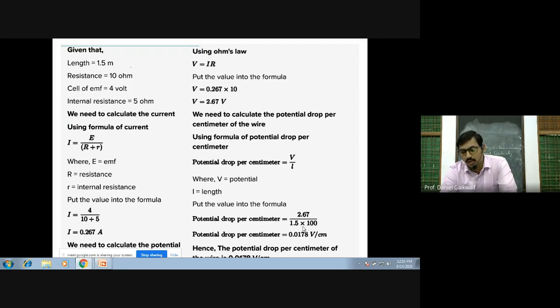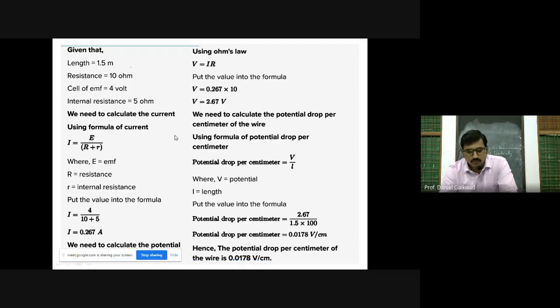So solving this, we obtain potential drop per centimeter is equal to 0.0178 volt per centimeter. Such type of problems are asked in examination, and these problems are easy compared to problems from other chapters. Okay.